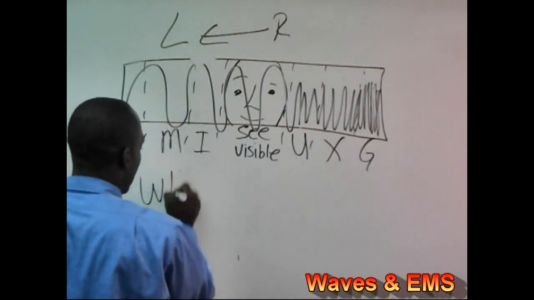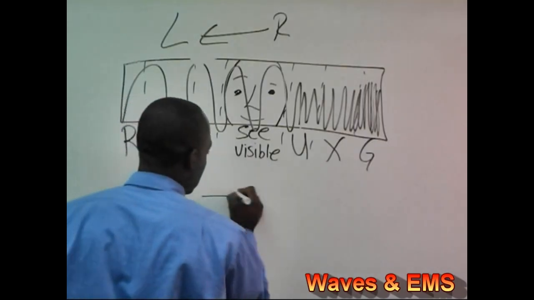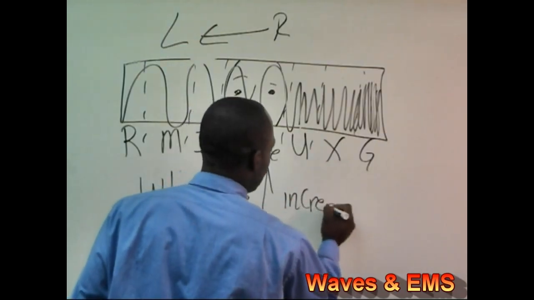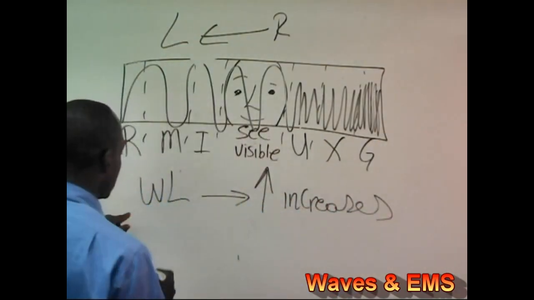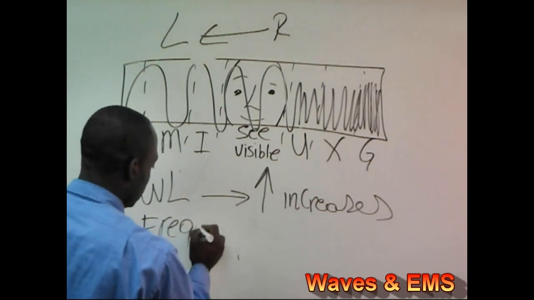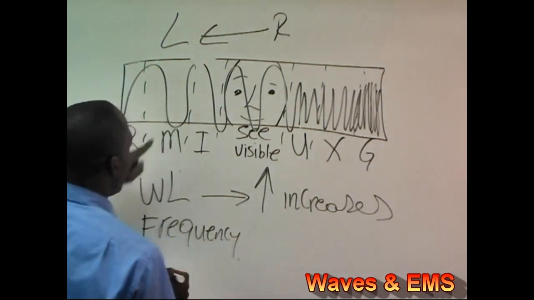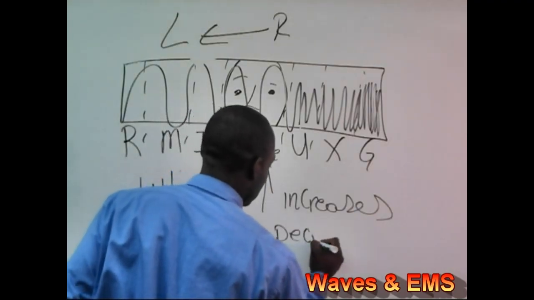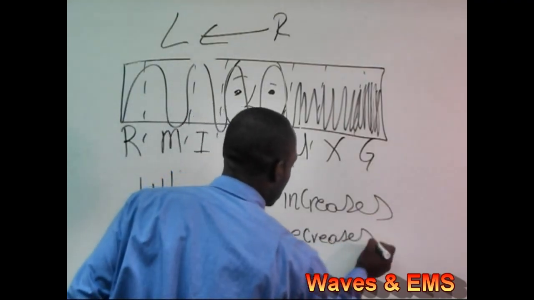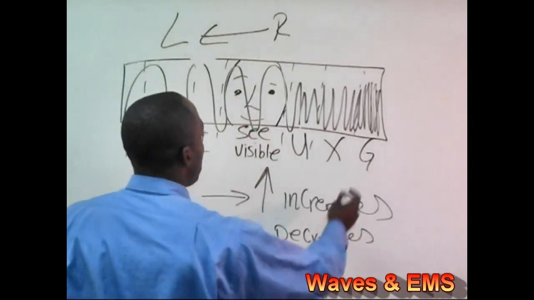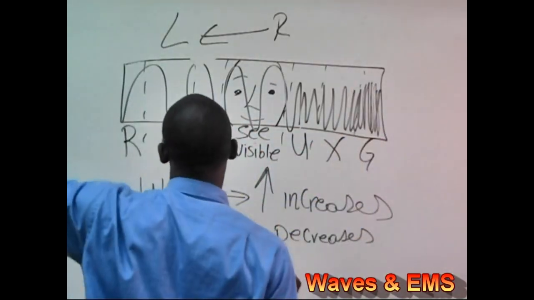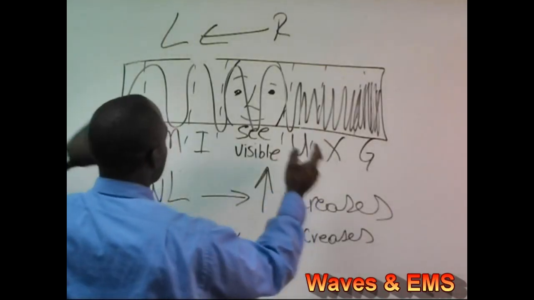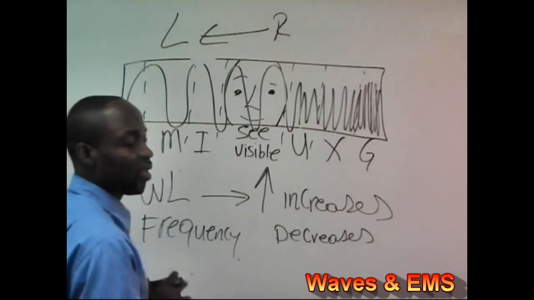So I'm going to put WL for wavelength increases, with an arrow going up, but my frequency decreases. So they're like reciprocals. When I'm going from right to left, my frequency decreases, and my wavelength increases.